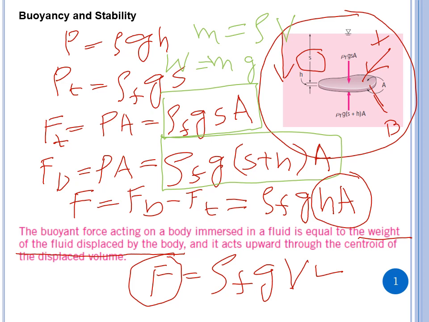Now look at this figure. The resultant force is going to act upward, and it acts upward through the centroid of the displaced volume.